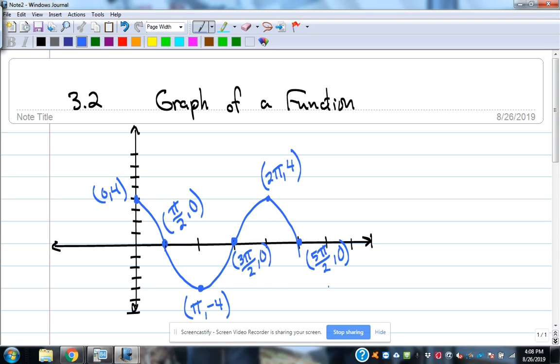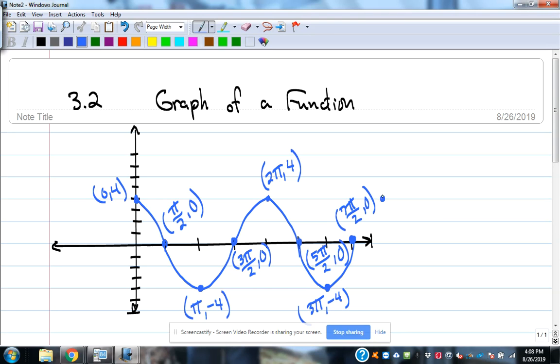We'll come down to this spot. Put that at (3 pi, -4). That's where that dot is. Come back up to there. Guess what? That's it. Everybody's favorite number, (7 pi over 2, 0).